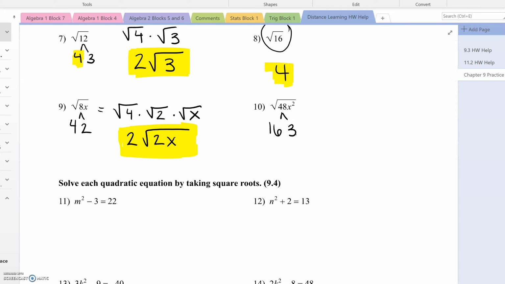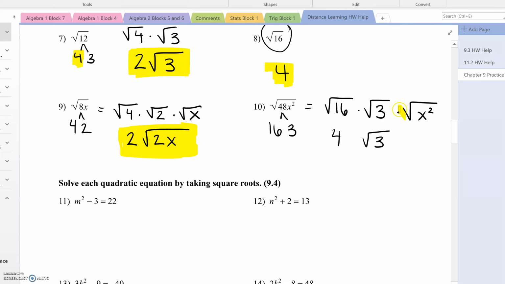So I'm going to rewrite this as the square root of 16 times the square root of 3 times the square root of x squared. What is the square root of 16? It's 4, right? We already did that in problem number 8. So we have 4, and we have the square root of 3.